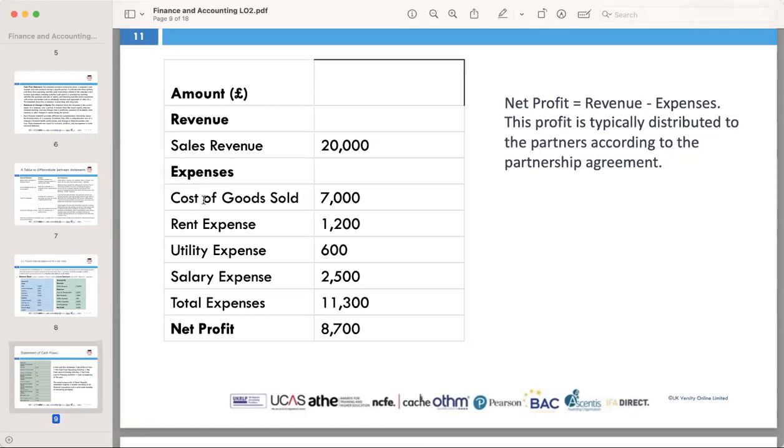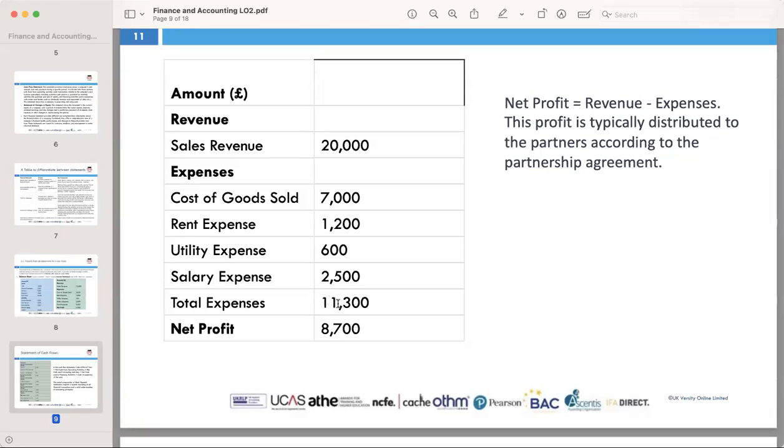The cost of goods sold is £7,000. The rent expense is £1,200, utility expenses £600, and salary £2,500.